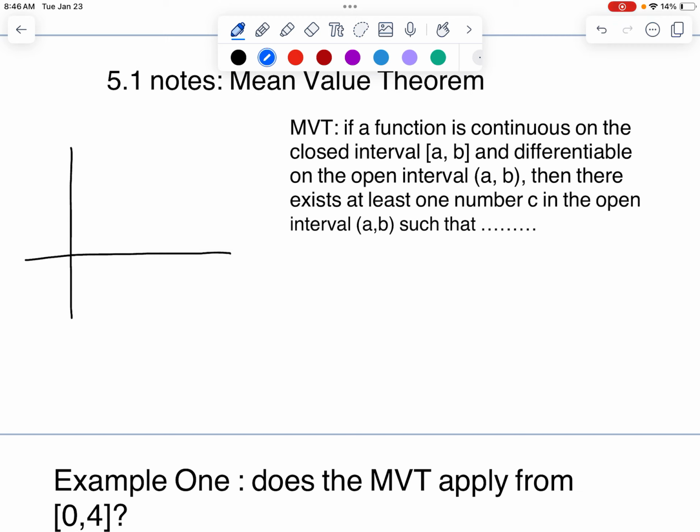And so I'm just going to draw a pretty basic line. Okay, so this function right here, as you can tell, is continuous on all intervals, and it's also differentiable on all intervals. So if it is continuous and differentiable, then there exists at least one number c in the open interval AB. So I'm going to make an open interval.